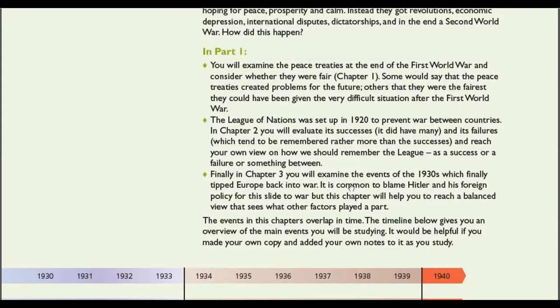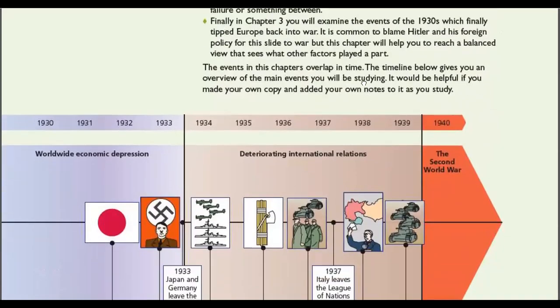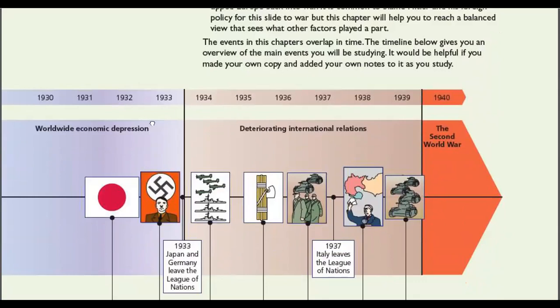This chapter will help you reach a balanced view and see what other factors played a part. The common thing is that they blame Hitler and his foreign policy because he was the reason for the problem that occurred.